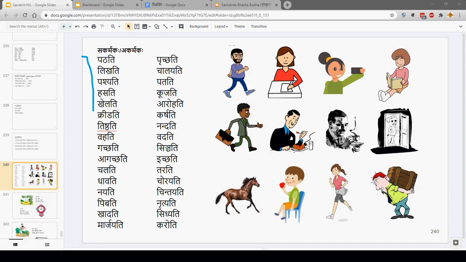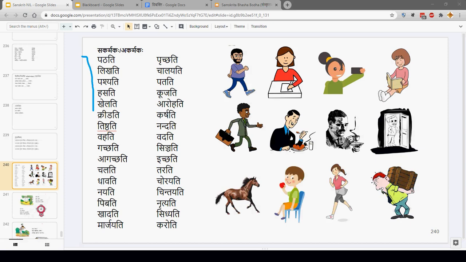But if you're laughing at or ridiculing something, that's different. Just as a pure laugh is just a laugh. So there is no object needed, like patati is reading something, likati writing something, pashyati seeing something. But hasati is just a laugh.